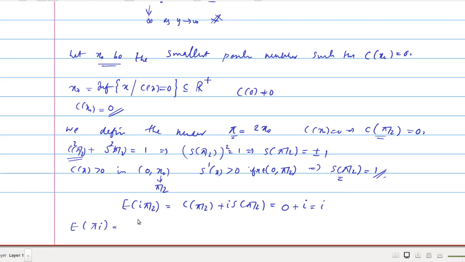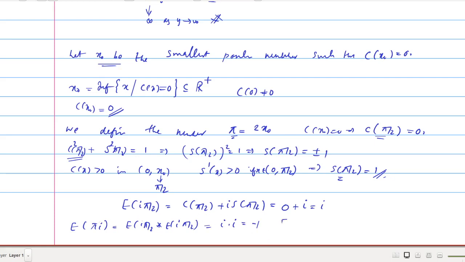That will be e of i pi by 2 multiplied by e of i pi by 2, because the product of e of z and e of w is e of z plus w. So this number is i times i, that is equal to minus 1. So e of i pi is minus 1.